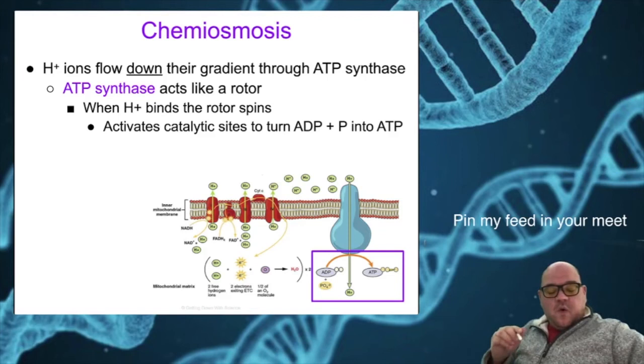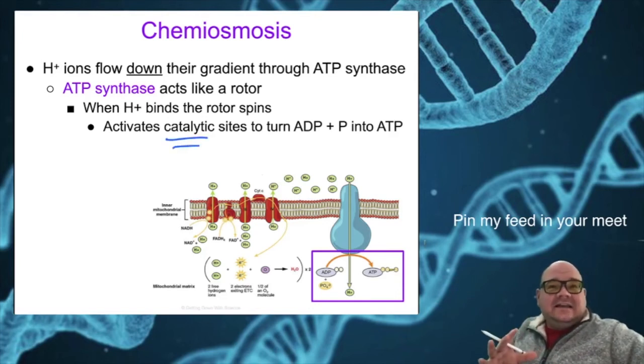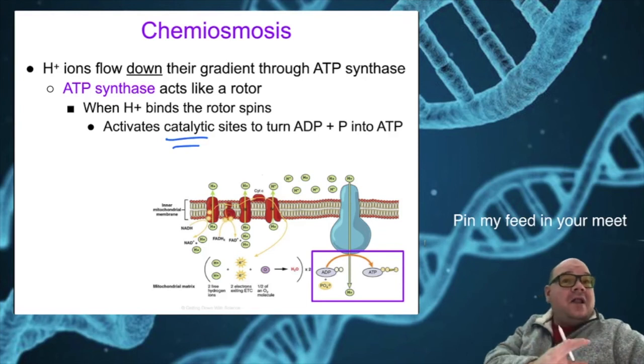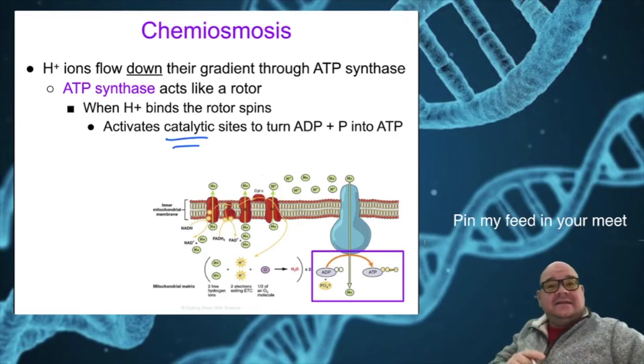So when that rotor spins, it activates catalytic sites, so it's acting like a catalyst, okay? It's not catabolic, it's catalyst, and it turns your spent ADP back into ATP in very, very large amounts.